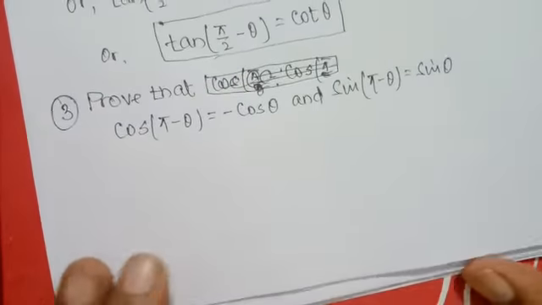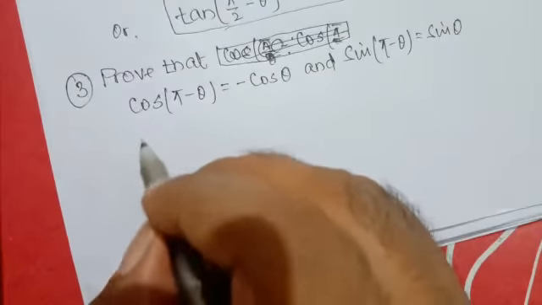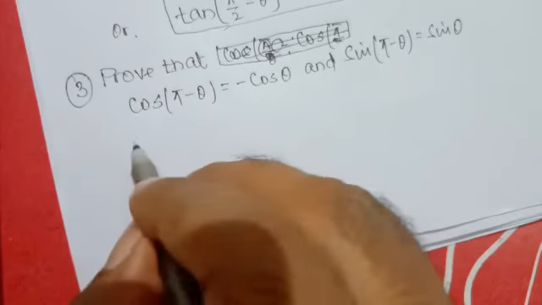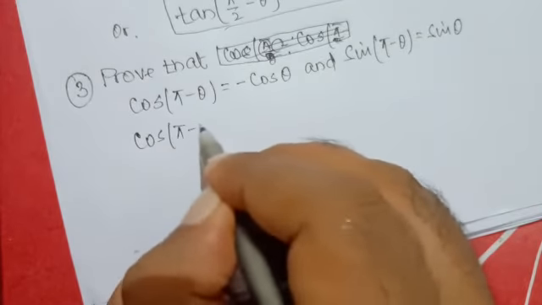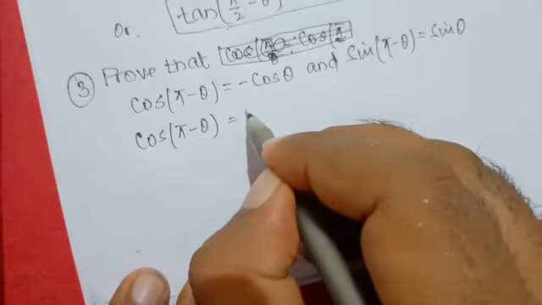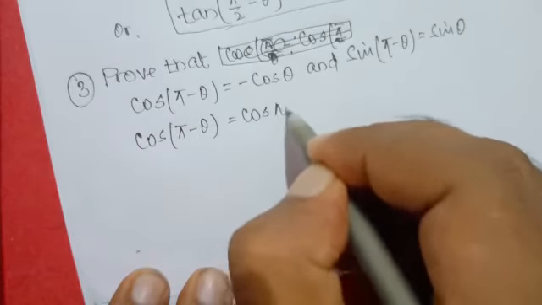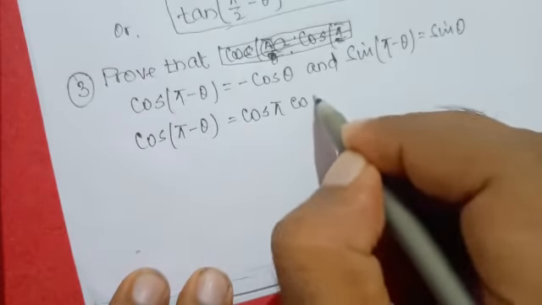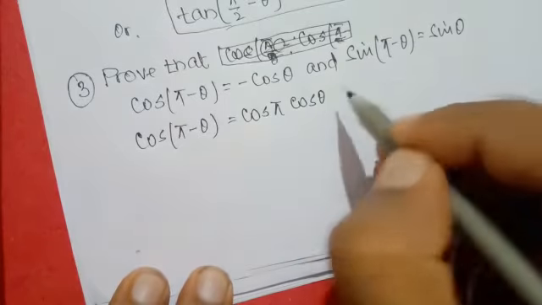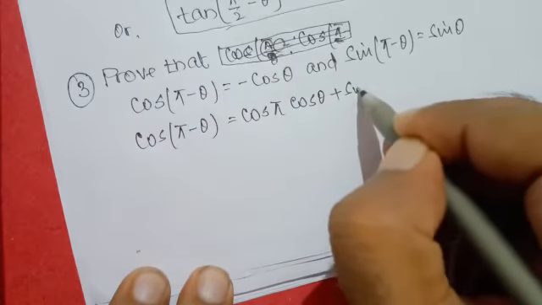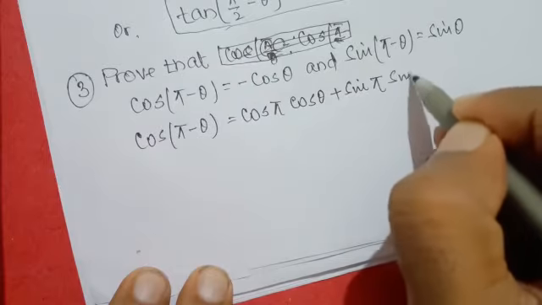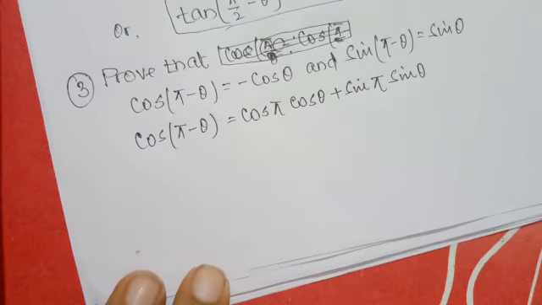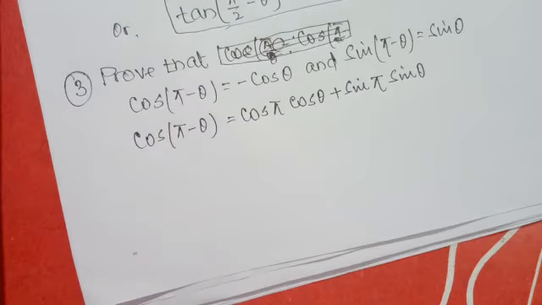So students, here again apply the formula for cos A minus B. Cos pi minus theta is equal to cos A into cos B plus sin A into sin B. Now write down the value of cos pi.